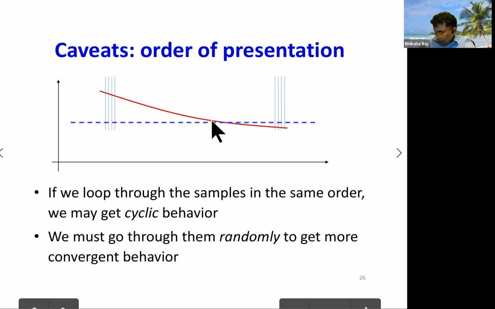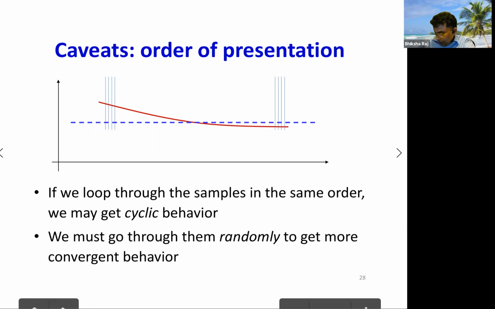And so if we continue looping through the data in the same order, the behavior will repeat. When we update the model for the data on the left, the right side will go up. And when you update it with the data on the right, the left side will go up, and we'll get this cyclic behavior.